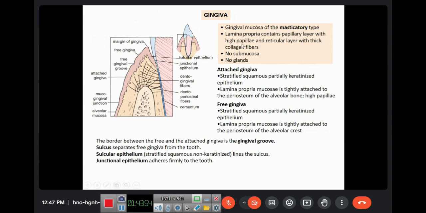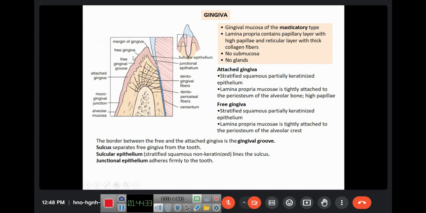Lamina propria contains papillary layer with high papillae and reticular layer with thick collagen fibers which attach epithelium to the alveolar bone. In this picture we see the structure of attached gingiva. It is called so because it is attached to the alveolar process of the bone. So here you see the direction of collagen fibers which attach the attached gingiva to the periosteum of the alveolar bone.